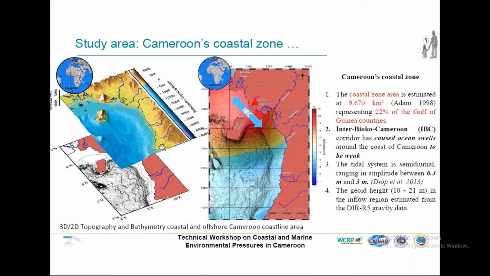When you move forward close to Bioko, we have a shallow structure which just goes down, with bathymetric levels varying from 200 meters to 2,000 meters, so even 2 kilometers. Now, in the center figure here, I'm presenting the geoid.